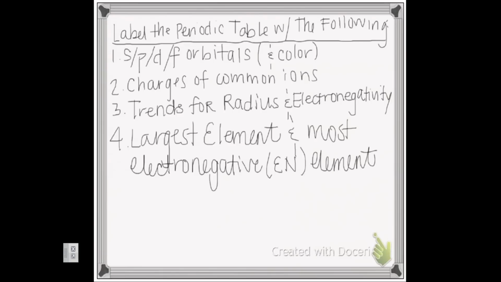That will be done just using the regular pencil. 3, write the trends for radius and electronegativity. Those will be done using arrows and pen as well. And then the largest element and most electronegative element will be done using a circle.